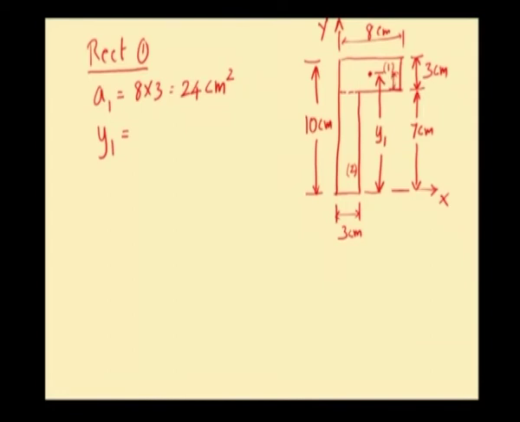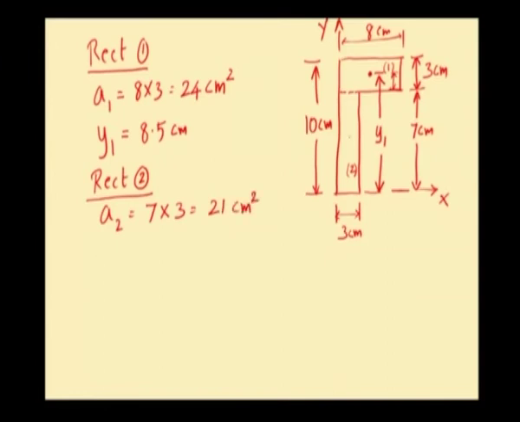So, y1 will be 7 plus 1.5, which will be 8.5 centimeter. Now, we shall come to the second rectangle, which is rectangle number 2. Area of rectangle 2: the length of the rectangle will be 7 centimeter, cross its width, which is 3 centimeter. So, area will be 21 centimeter square.